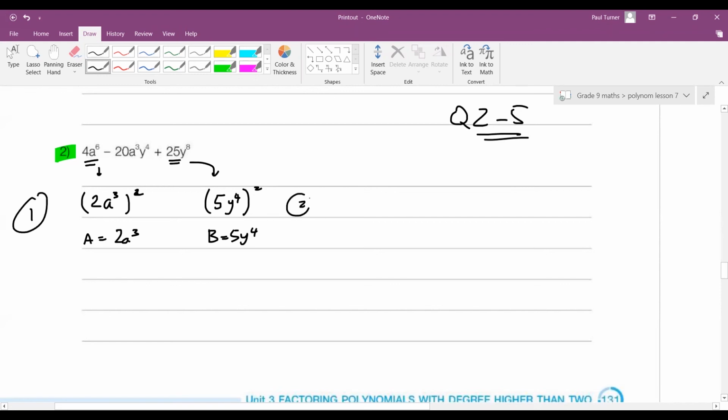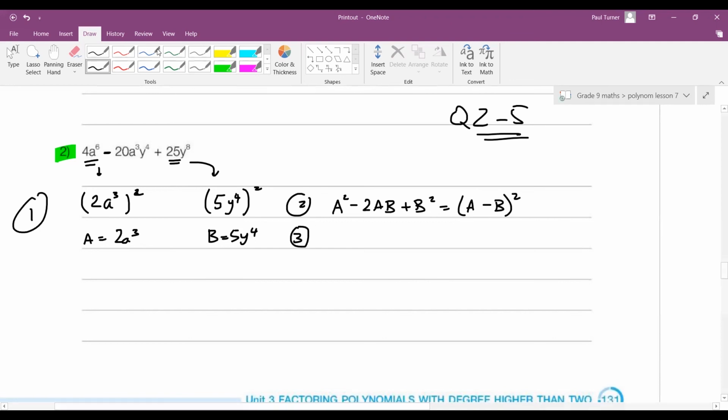Second step, write your formula out. And note the sign is negative here. So we've got A squared minus 2AB plus B squared is (A minus B) all squared. Next step is put your numbers in.